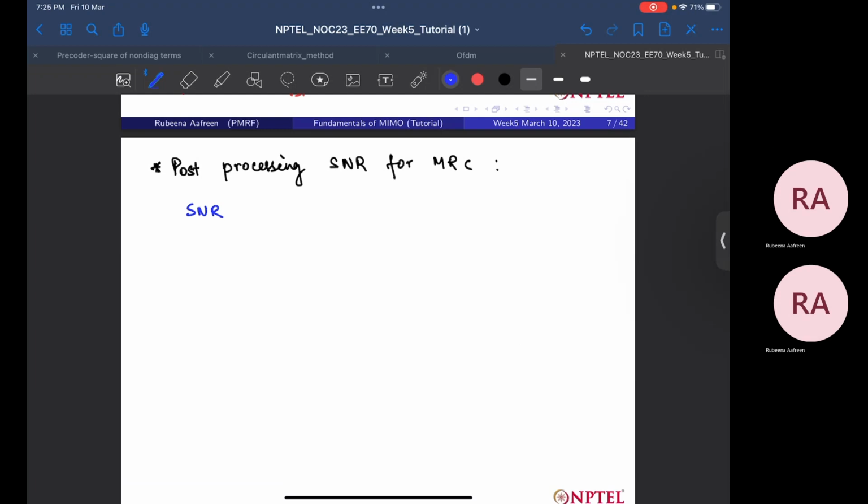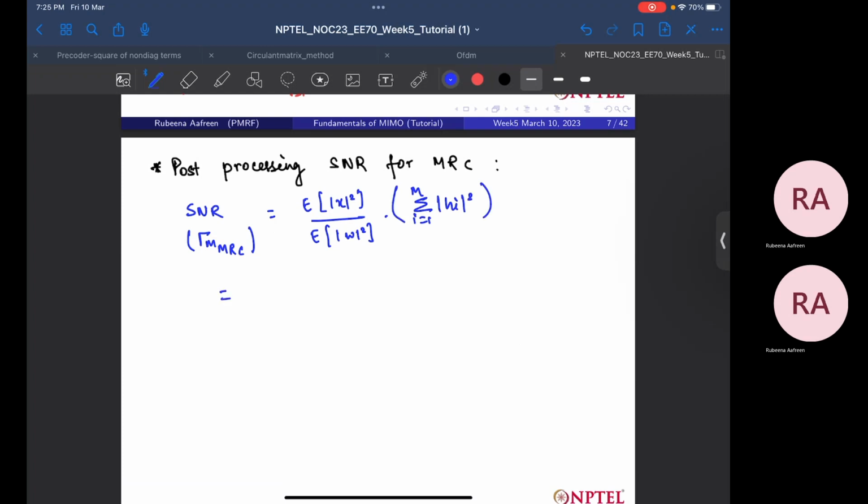So when we will take SNR for post processing, after processing, if we see SNR, we will denote it as gamma_MRC. This will be equal to expectation of x square by expectation of w square into summation i equal to 1 to m mod of h_i square.